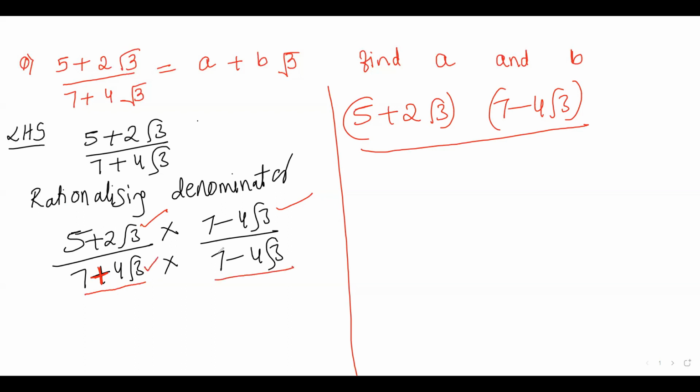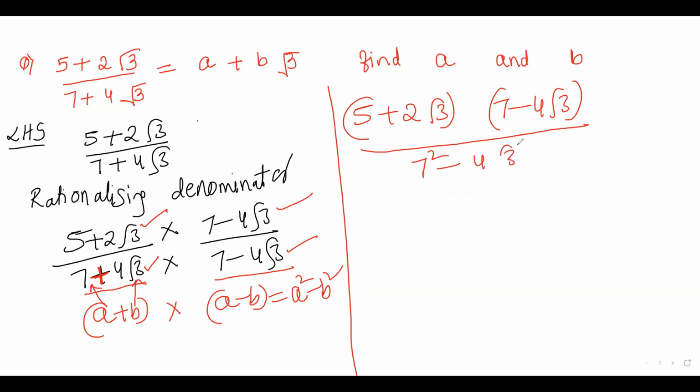When you multiply these two, they are in the form a plus b into a minus b, which can be written as a square minus b square. A value is 7. So a square, b value is 4 root 3. 4 root 3 whole square, a square minus b square.